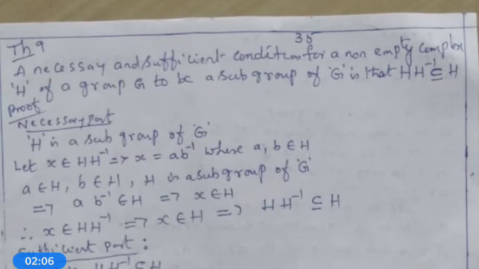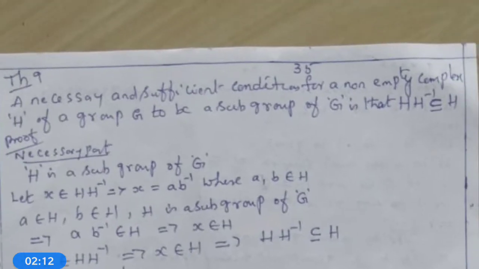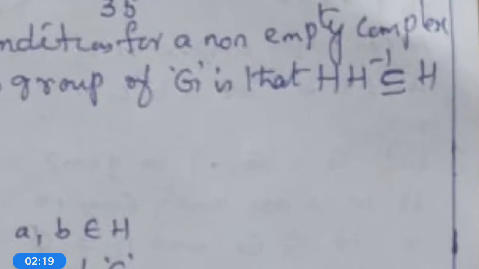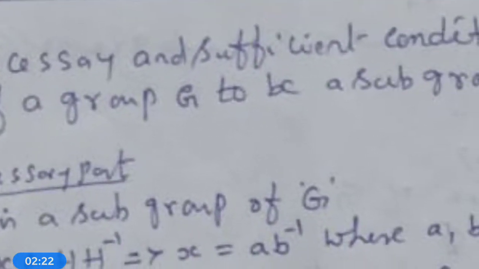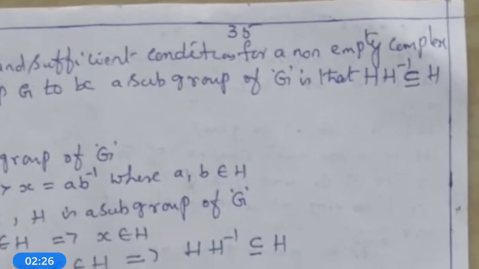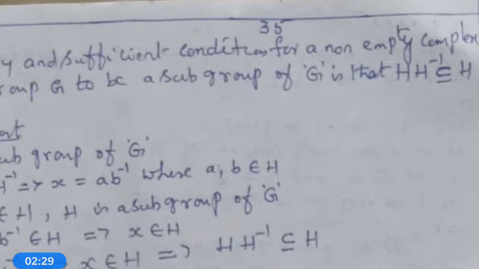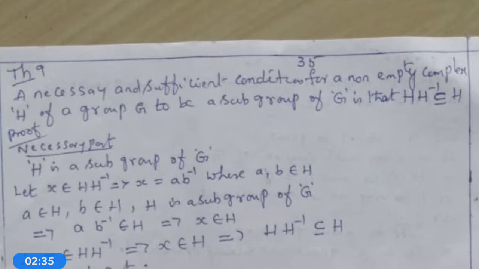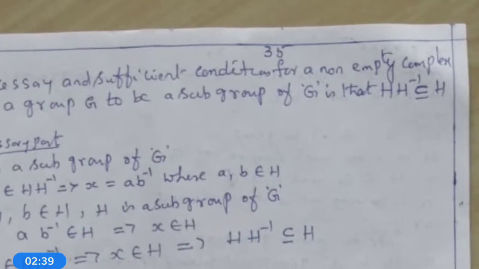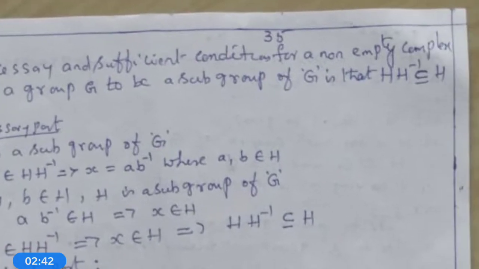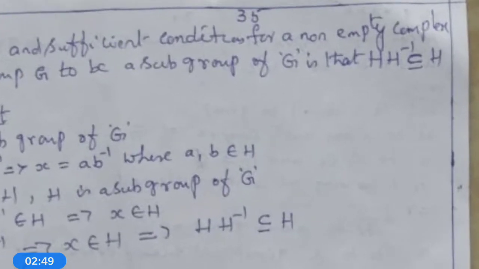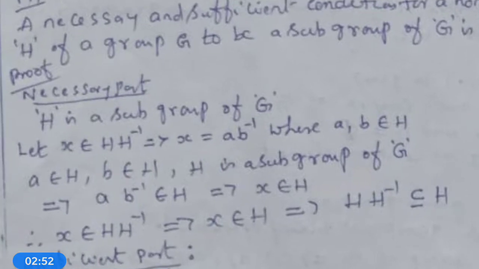The first theorem: the necessary and sufficient condition for a non-empty complex H of a group G to be a subgroup of G is that HH inverse is a subset of H. Once again, the necessary and sufficient condition for a non-empty complex H of a group G to be a subgroup of G is that HH inverse is a subset of H. Now we go to the proof.